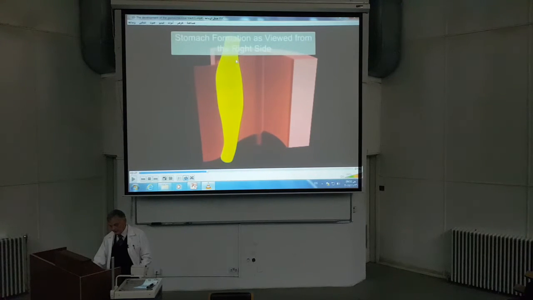Let's look at the stomach from the right side. This is the tube. The stomach is going to dilate. This is posterior, this is anterior. The dilatation is going to be on the posterior side, which is becoming the greater curvature.